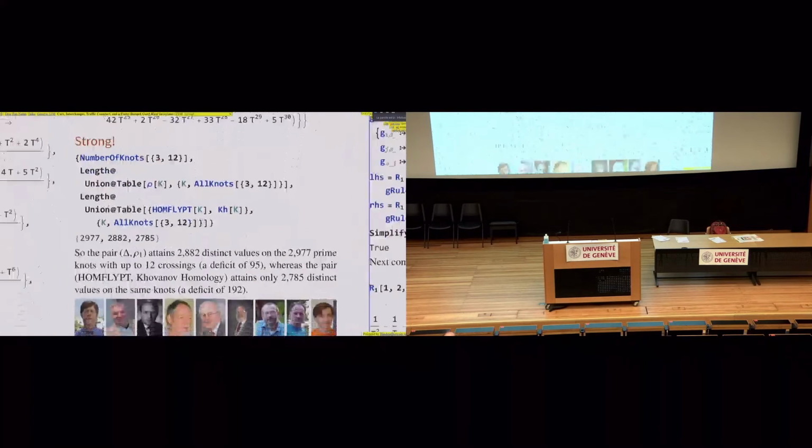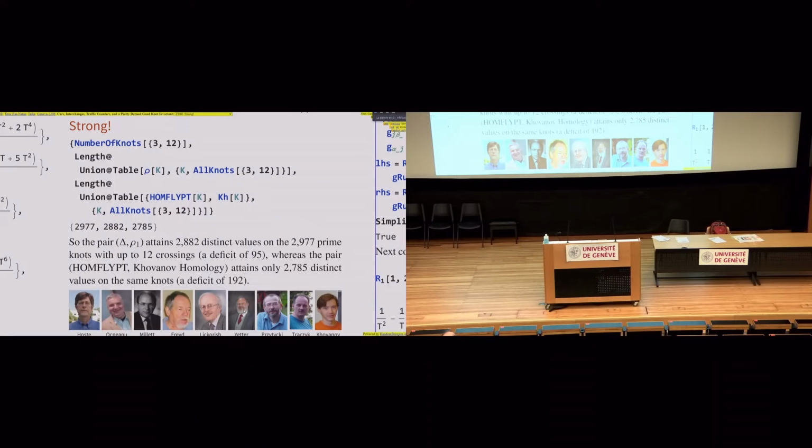And finally, this is a strong invariant. We compute the values of the invariant of all knots with between 3 to 12 crossings. We also compute the HOMFLY-PT polynomial and Khovanov homology of the same collection of knots, and we count. So there are 2,977 knots.